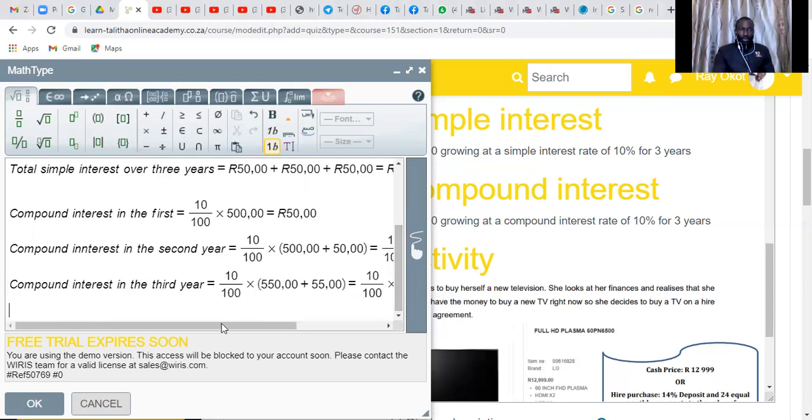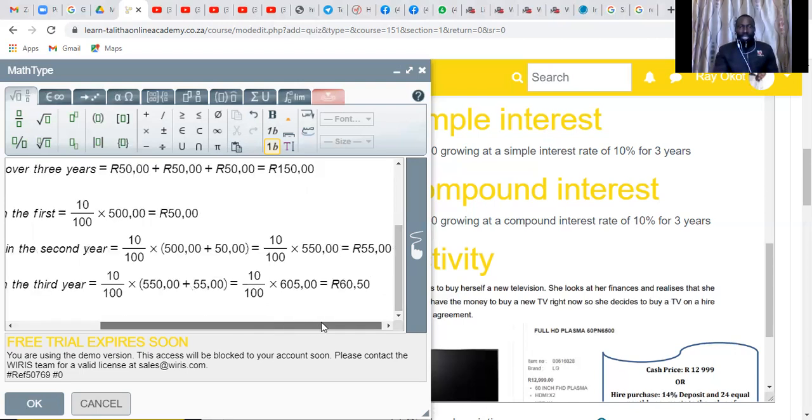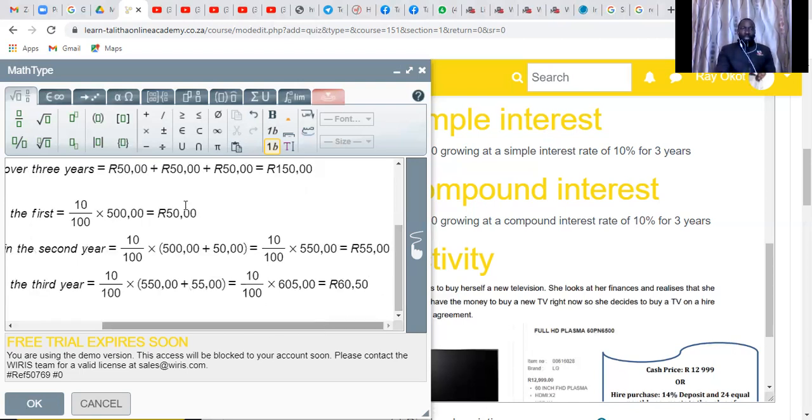This is what we have calculated. In the first year, it's 50. In the second year, it's right here. In the third year, this is what we have. That is 60.5. This is how we calculate the compound interest.